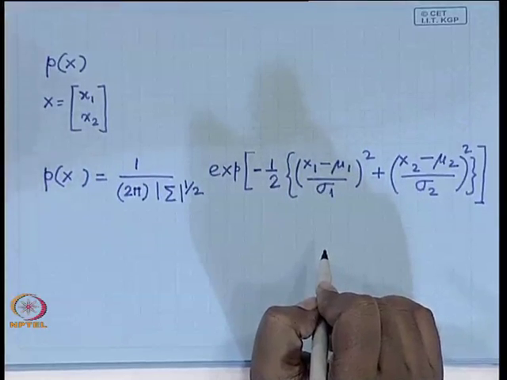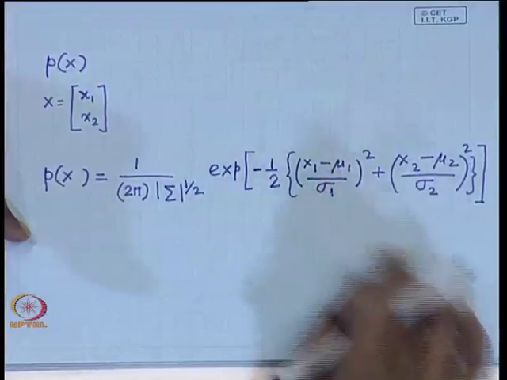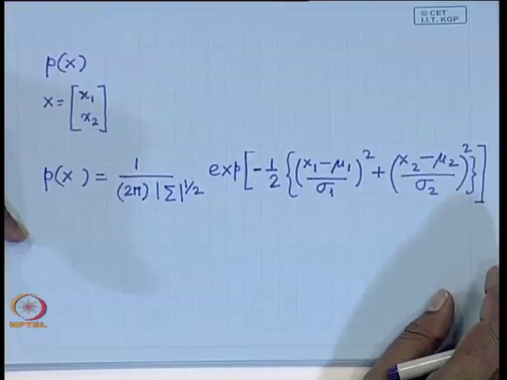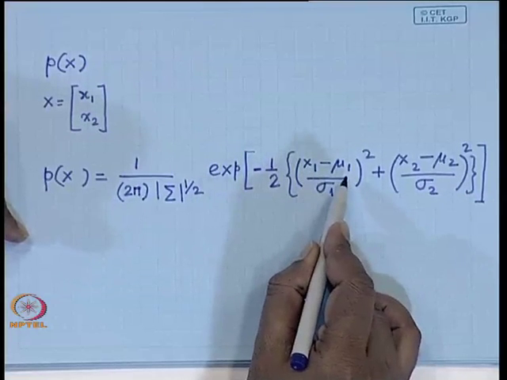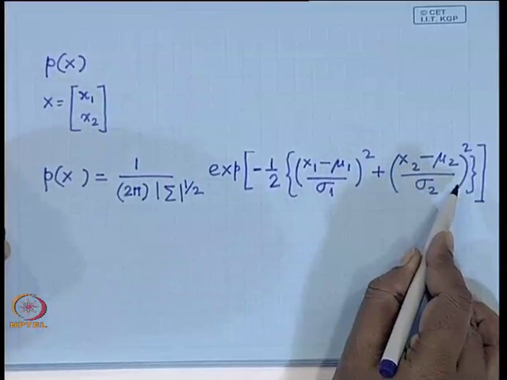So, sigma 1 2 or sigma 2 1 will be equal to 0, because x 1 and x 2 are statistically independent. If they are not statistically independent, then in this exponential term, I will also have terms corresponding to sigma 1 2 and sigma 2 1. So, for explanation, let me have a simplified assumption that x 1 and x 2 are statistically independent. However, the x 1 component has a mean value of mu 1 and the x 2 component has a mean value of mu 2.